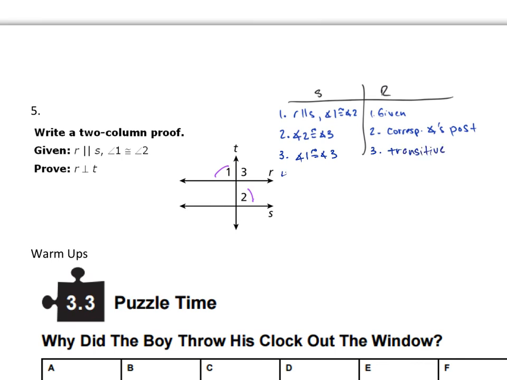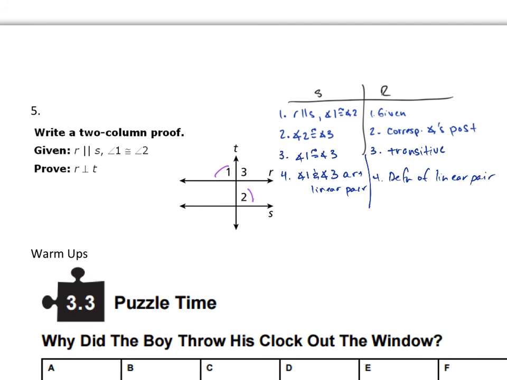So now if 1 is congruent to 3, that means angle 1 and angle 3 are a linear pair by definition of linear pair.